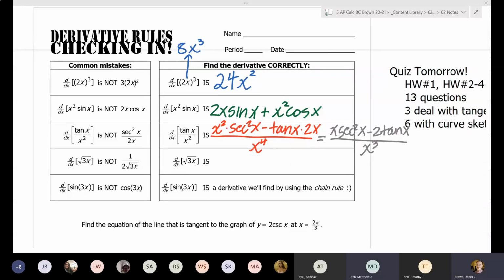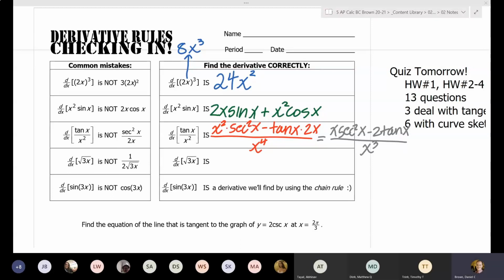I wouldn't, but I will say some of my problems say find the derivative, and then the next question will ask which of the following is equivalent to your derivative, so you might be forced to simplify it to do the multiple choice questions. Okay. I guess it's kind of clear now. One of the questions deals with the quotient rule, and in order to match it up to A, B, C, or D, you'll have to simplify it a little bit.